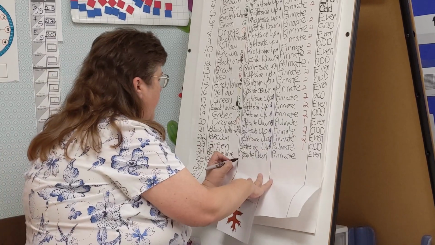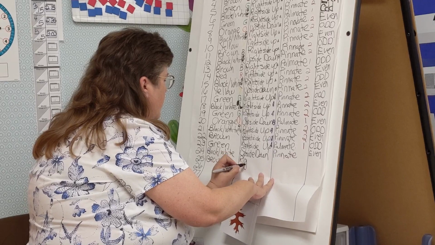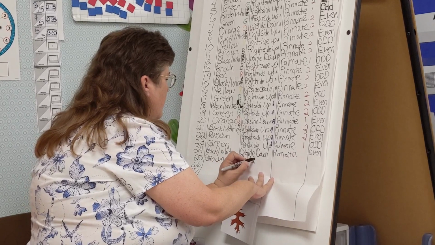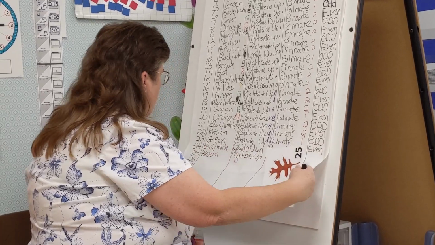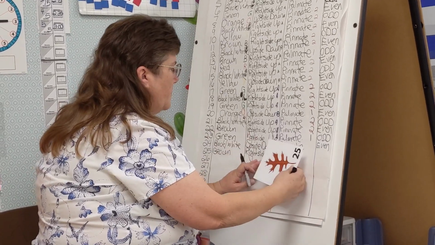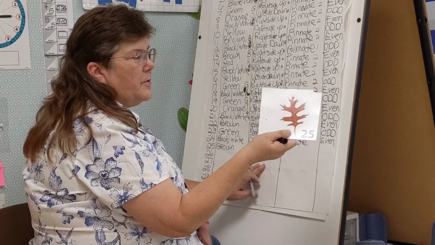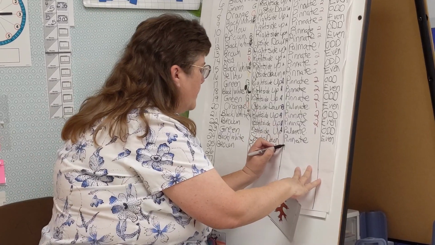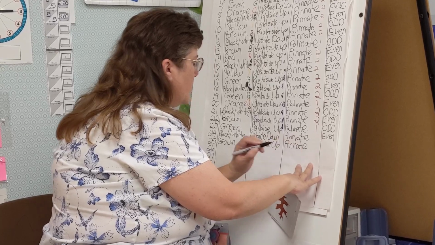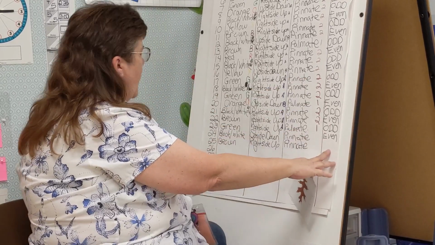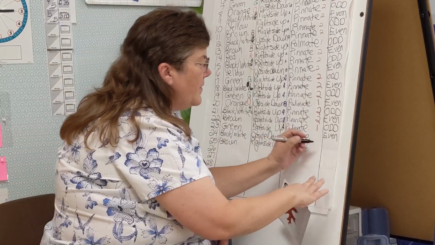And it's right side up. And it's also a pinnate. And if we follow our pattern, 25 is an odd.